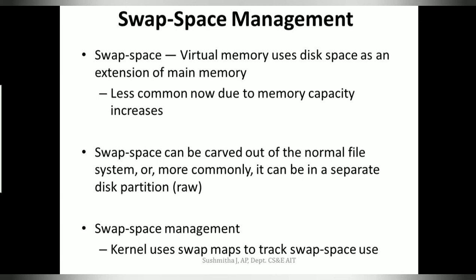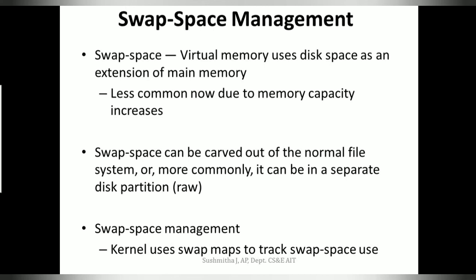The swap space helps the computer and OS pretend that the RAM is much larger. In reality we do not have that much memory; we create an illusion that the RAM is large enough to accommodate the process.